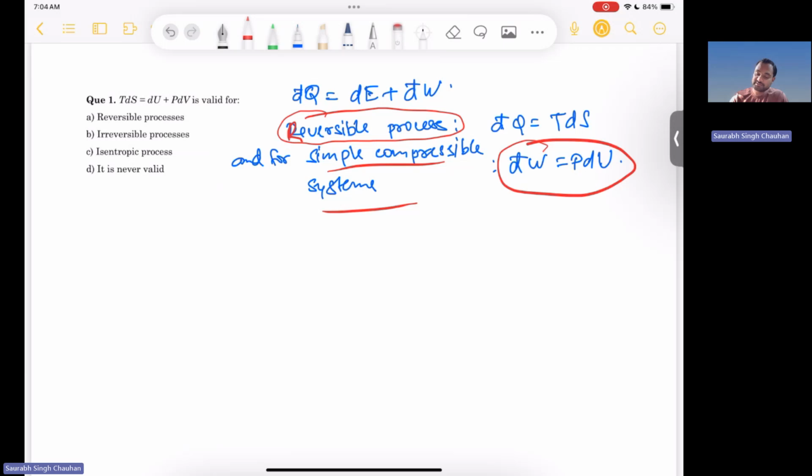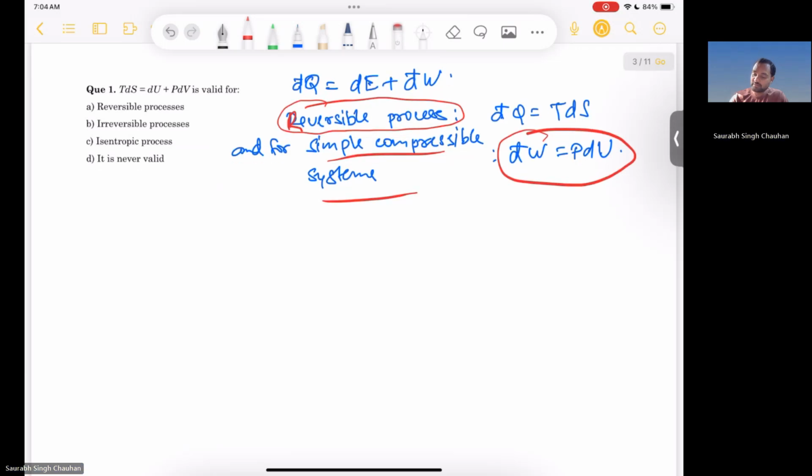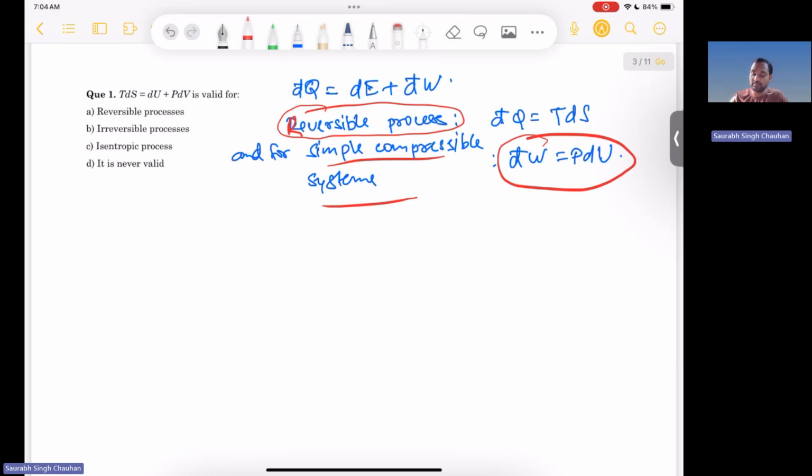So if you substitute these relations for Q and W, then you will get TdS is equal to du plus PdV. Okay, and of course we are assuming that there are no changes in potential energy, kinetic energy, and other forms of energy.